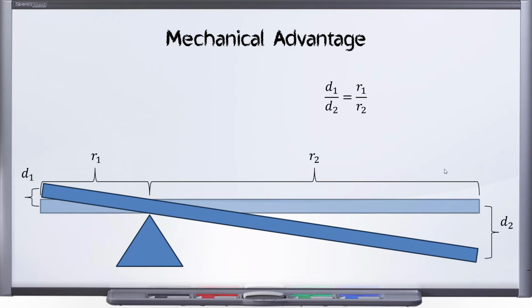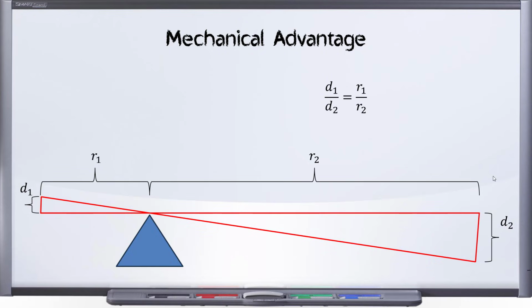The penalty that we pay for that is we're also going to get a different amount of distance. So just looking at the basic geometry here, we can see that if this distance is R1 and this distance is R2, we can construct little triangles to show the motion of what we did here. This being R2, this being the distance D2, like the displacement.